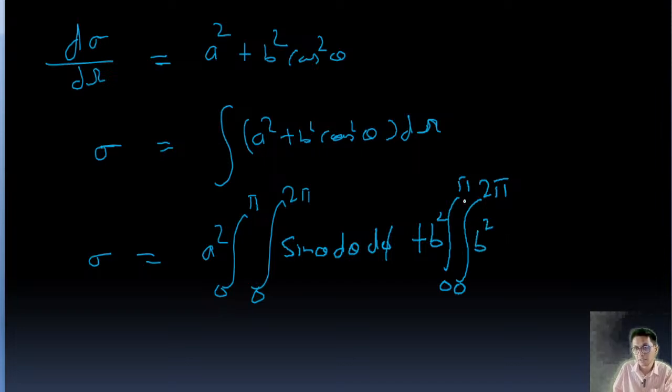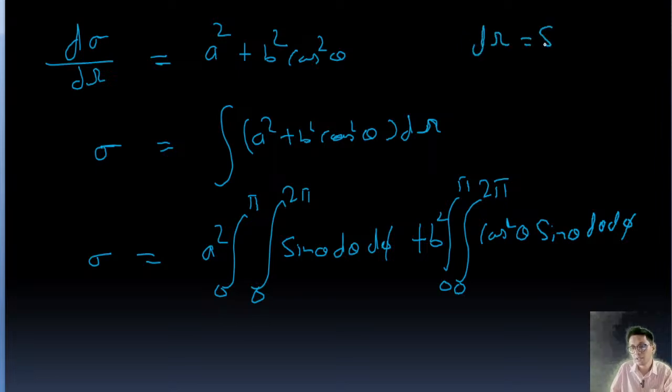This is sine theta d theta d phi, plus a double integration with b square common, 0 to pi, 0 to 2 pi, of cos square theta sine theta d theta d phi. So the value of d omega is going to be sine theta d theta d phi.